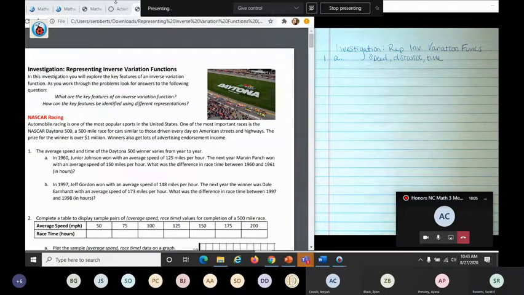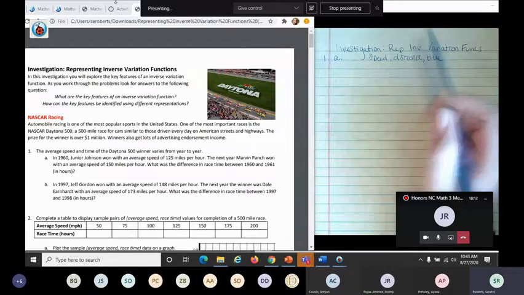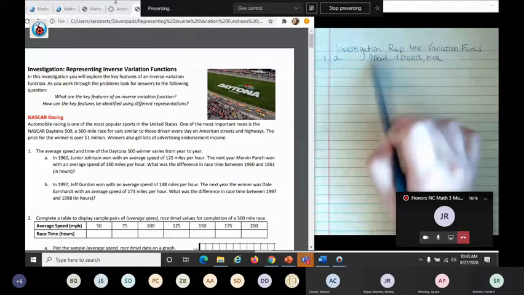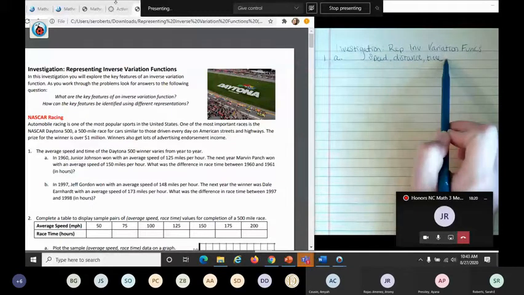Jerome? Yes. Perfect. Okay, what's the relationship between speed, distance, and time? How can I write an equation relating these three variables? Well.